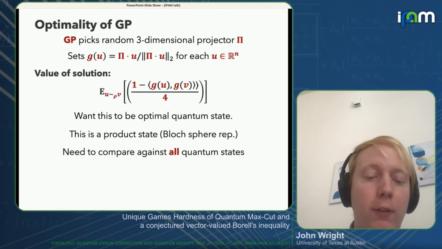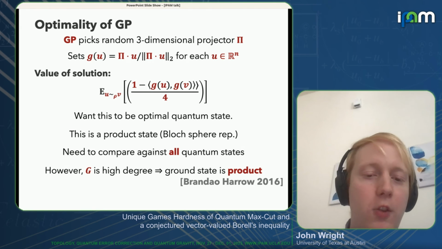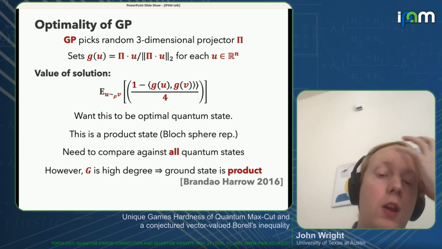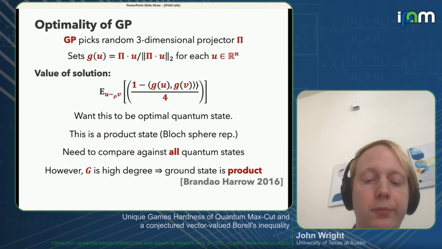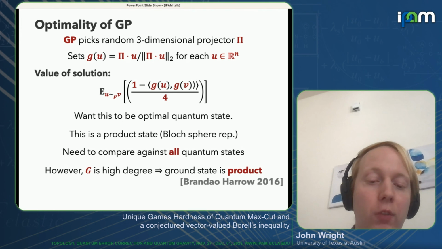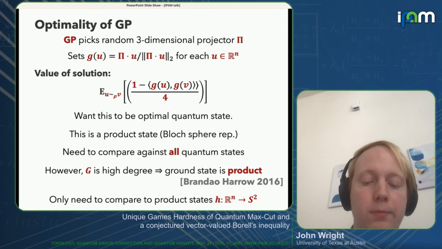But fortunately, our graph G is high degree. It's not just high degree, it's infinite degree. And so we saw earlier that if your graph is high degree, that immediately tells you that there is a product state which is an optimal ground state. This is due to Brandao and Harrow. And so this means that we don't actually have to compare against all quantum states. We only have to compare against other product states.